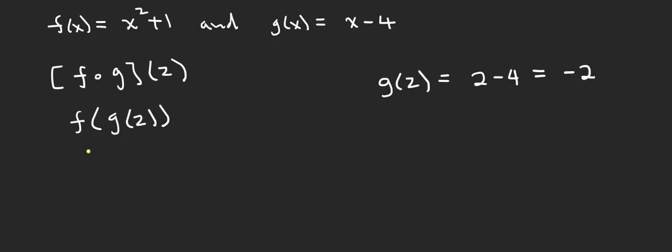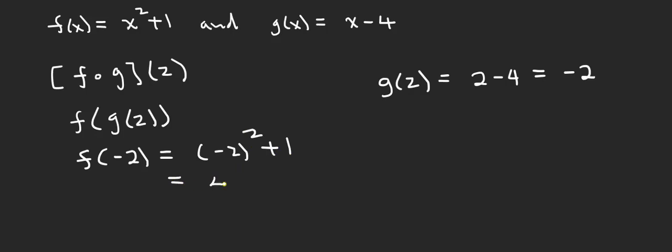So now we need to find f of negative 2, which is, instead of x, plug in negative 2. You end up getting 4 plus 1, which is 5. Therefore, f of g of 2 will be 5.